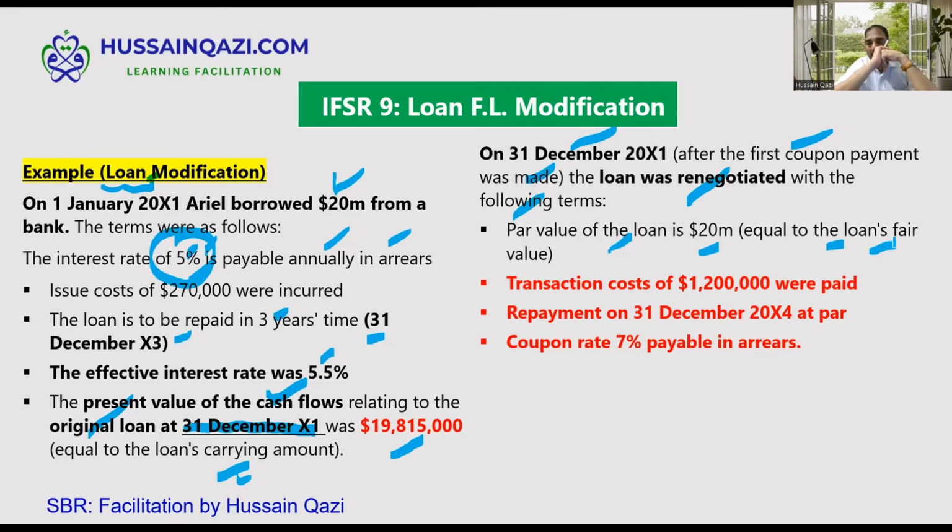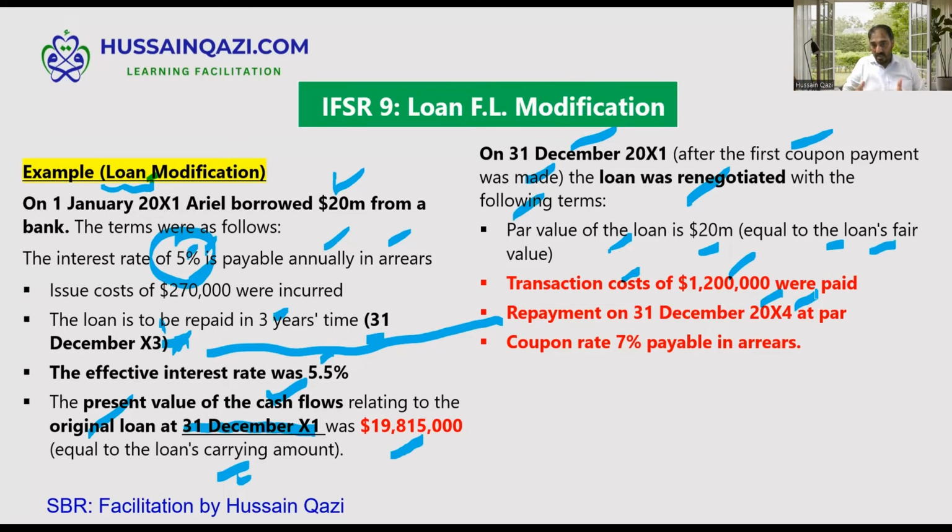Transaction cost of 1.2 million for the negotiation of the loan. Repayment on 31st December X4. Original repayment date was 31st December X3, but now it's 31st December X4.